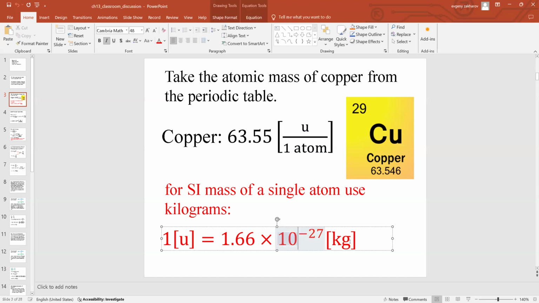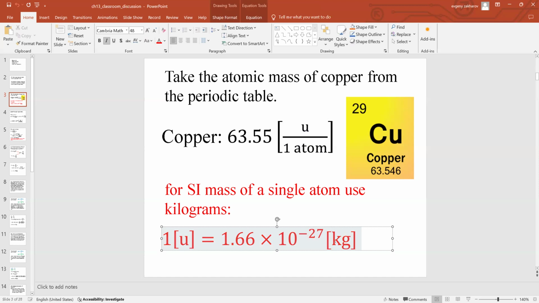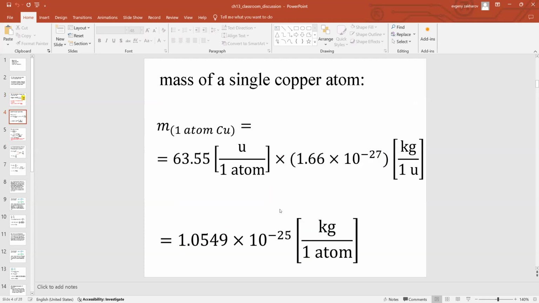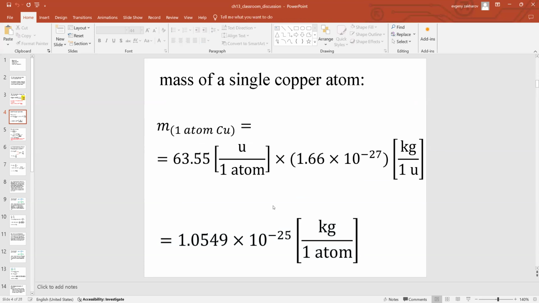Let's not forget that we have to convert to System International. This is your conversion factor between the U and the kilogram. So if it's 63.55 U's, then you can convert to kilograms and get 1.0549 times 10 to the negative 25th.